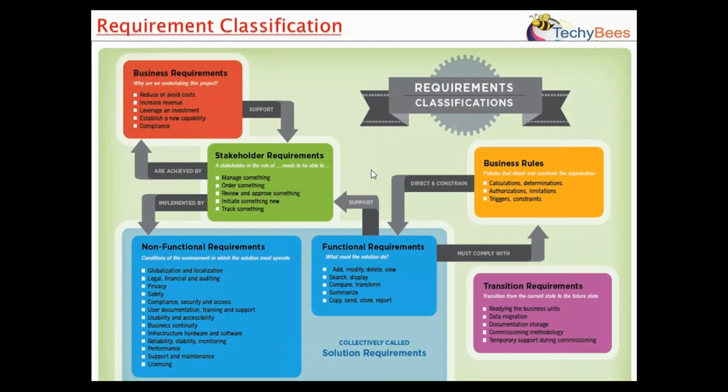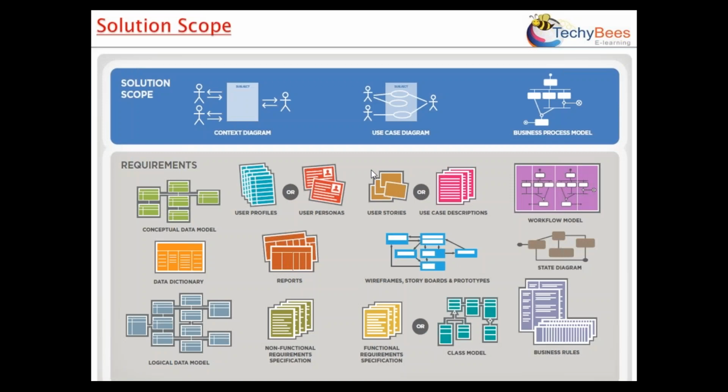That's about the requirements classification. Next, you have solution scope. So we will be seeing each of these concepts in detail. Context diagram or a data flow diagram, business process model, logical data models, data dictionaries, user story, user personas, use cases, wireframes, functional and non-functional requirement document, BRD document, FRD document, SRS document, state transition diagram, state machine diagram, different types of UML diagrams.